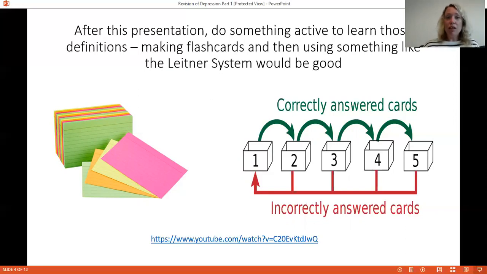So a really good thing to do, we've talked about it before, you've seen it probably many times, is making flashcards with your term on one side, your definition on the other, and then doing something with those flashcards, really crucially, something like the Leitner system, so that you're using a system whereby you are regularly looking at the word and the definition, but you're also doing it in such a way that the ones you know, you're looking at them less often, and the ones you don't know, you're looking at them more often.